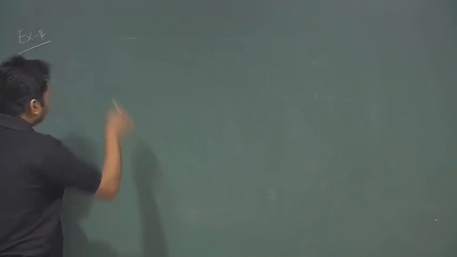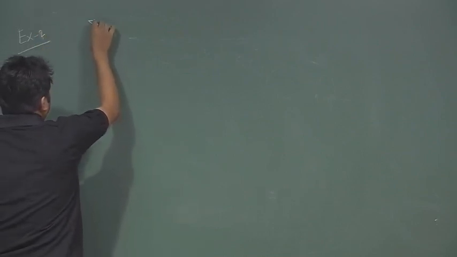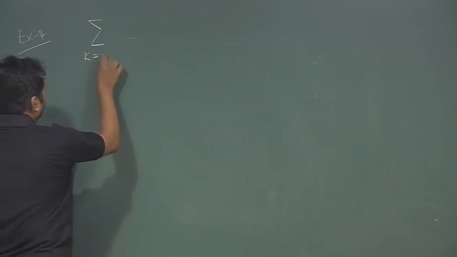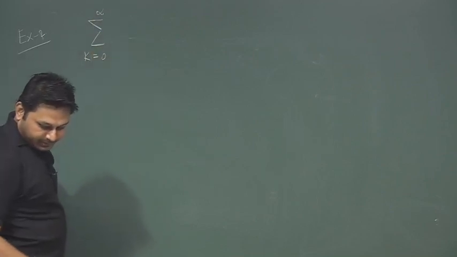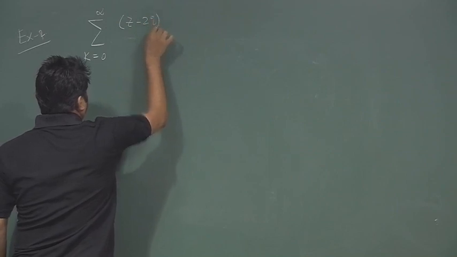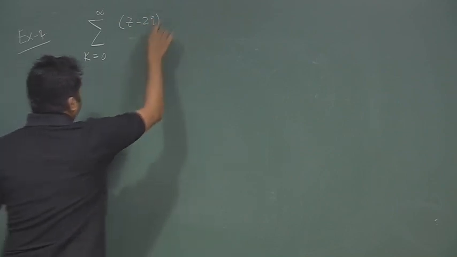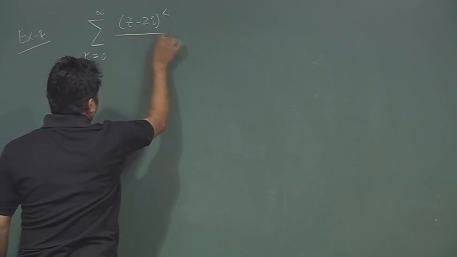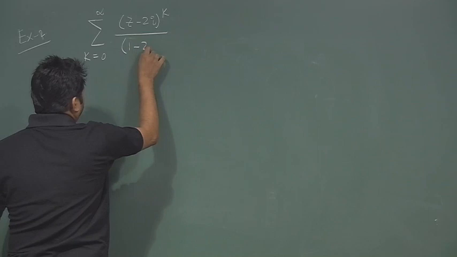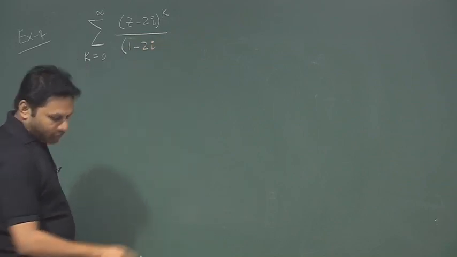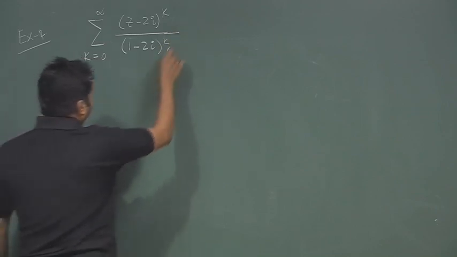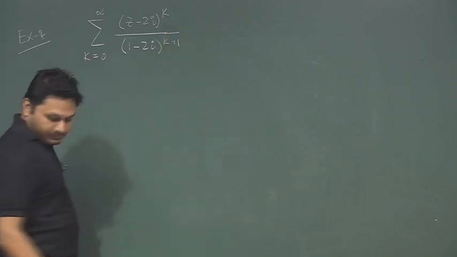It says summation k from 0 to infinity, and the function is given as (z minus 2i) whole to the power k divided by (1 minus 2i) to the power k plus 1. Okay.